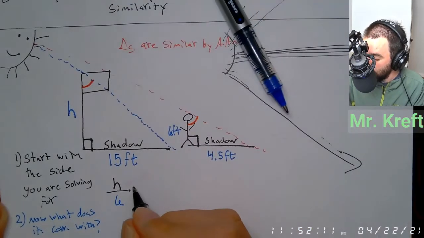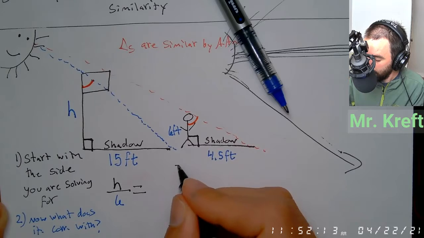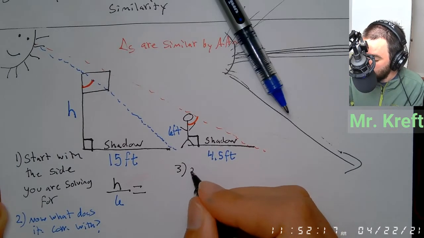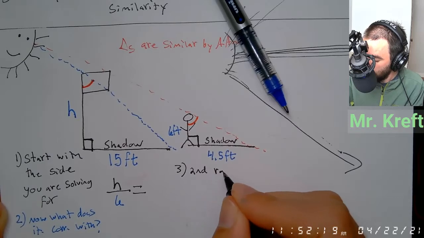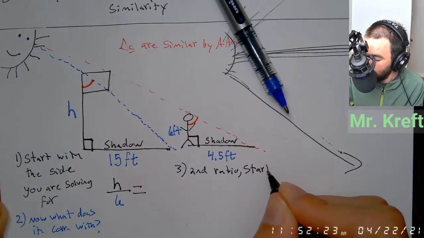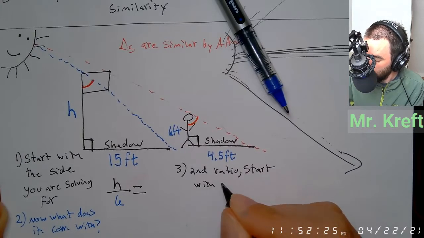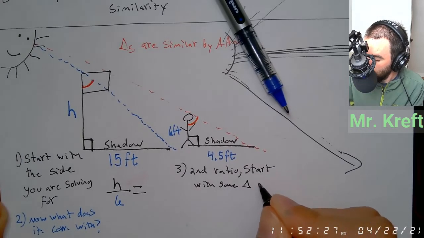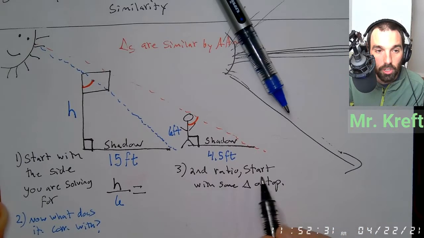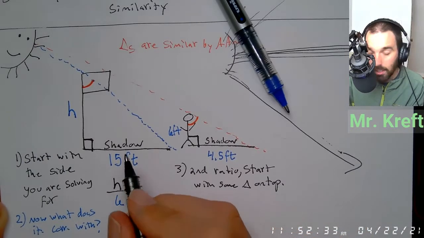Once you get your first ratio, for the second ratio, start with the same triangle on top.